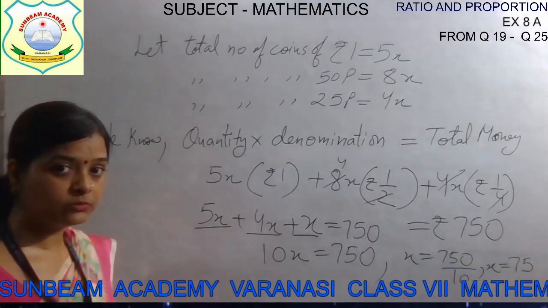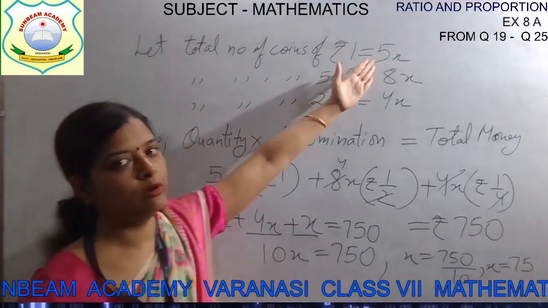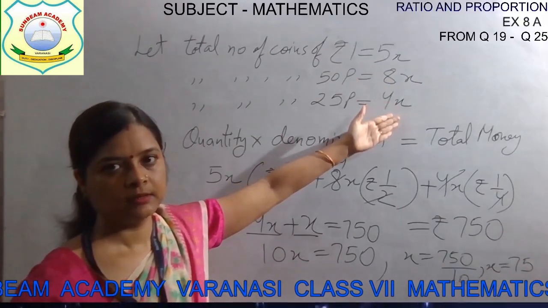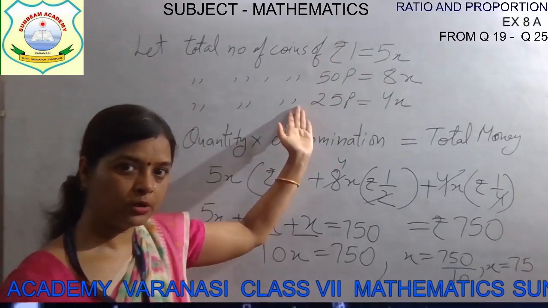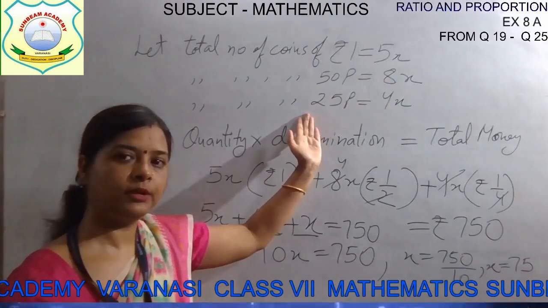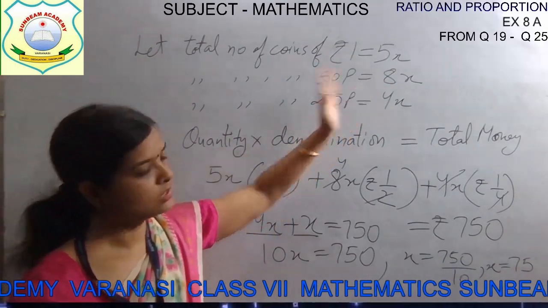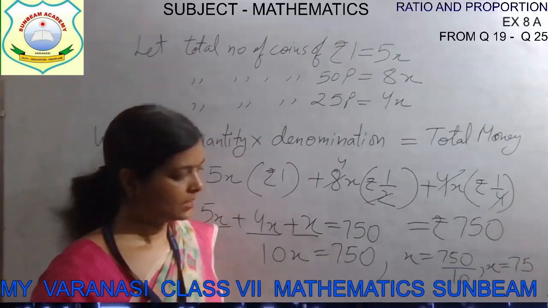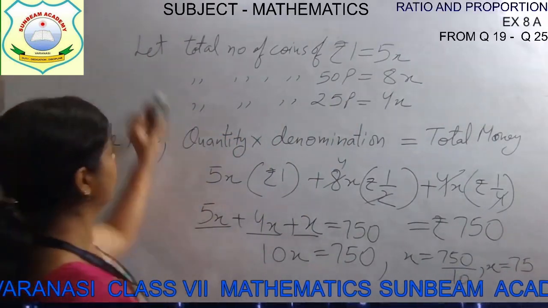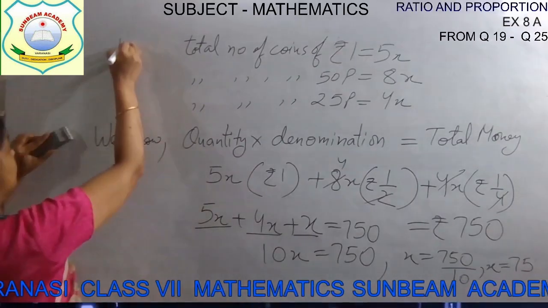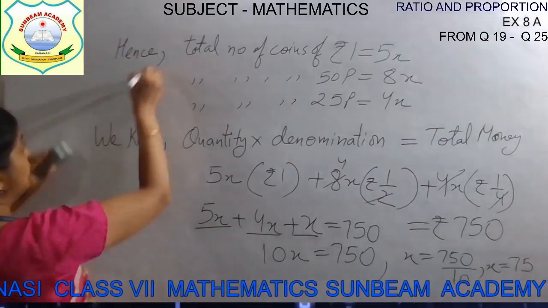Now what will we do? We will put the value of x in all the cases, and then we can find how many total coins of 1 rupees, how many total coins of 50 paisa and how many total coins of 25 paisa. So just put the value of x there. After finding it, you will write hence, not let.